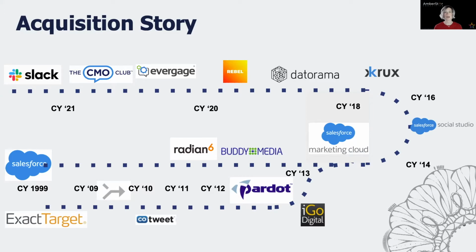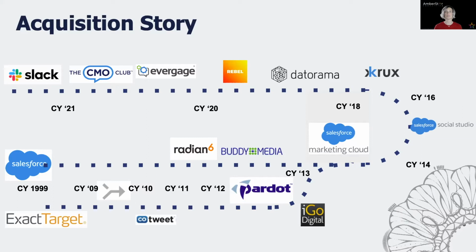Now, these tools ran in parallel for a number of years, and both of them made acquisitions. When it relates to ExactTarget, they bought Keychain and CoTweet, and they also bought Pardot and Go Digital over a period of time. And in parallel, Salesforce also bought Radian6 and Buddy Media.